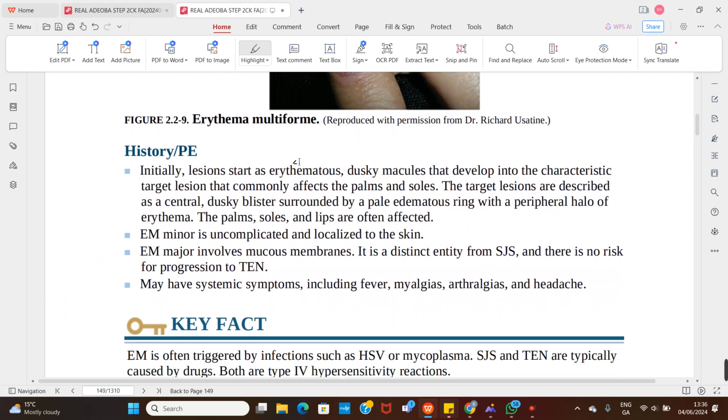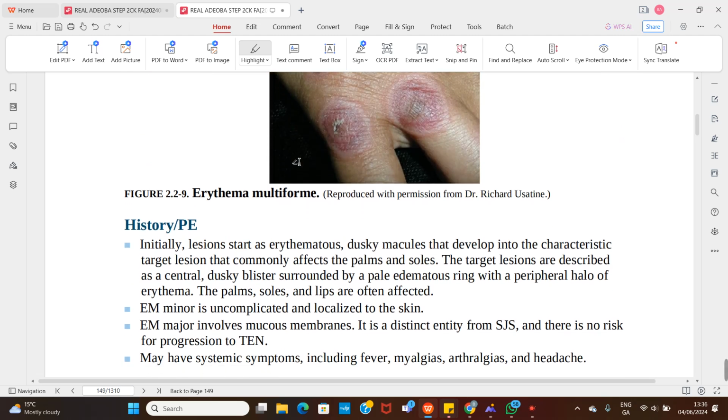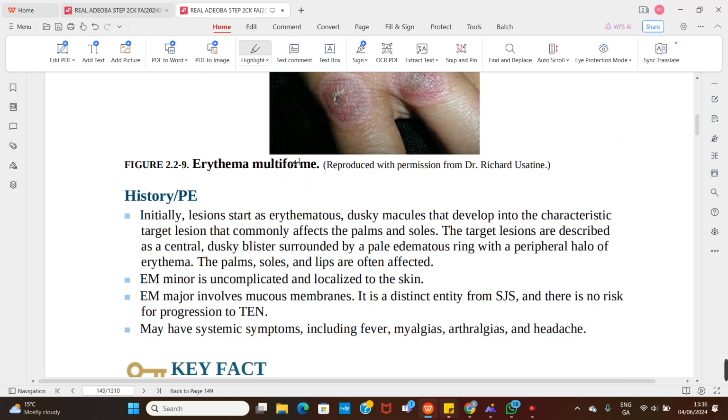Okay, but yeah, we just have to know that most of the time they can start as just erythematous macules, right? They can just start as erythematous macules that can now evolve into forming the target lesions.